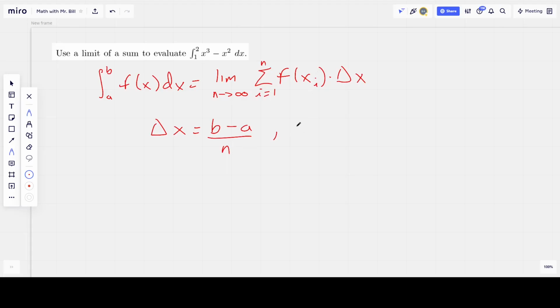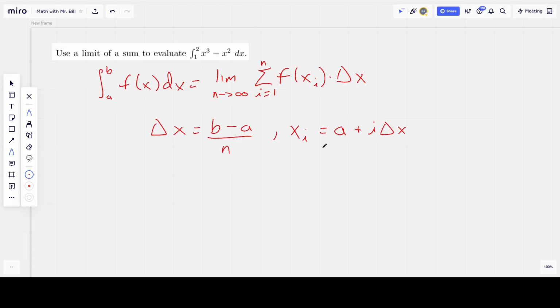And our x sub i is going to be equal to, it kind of depends, but generally it's equal to a plus i delta x. There's a little bit of a problem if the indices start at 0 instead of 1, you have to adjust things around. But for what we're going to be doing, this is going to be your formula.